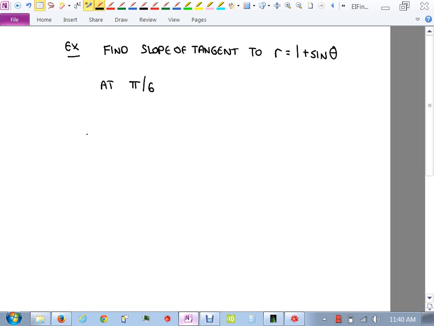Plug and chug. dy/dx is equal to r prime. So what's the derivative of r here with respect to theta? Just cosine theta, right?